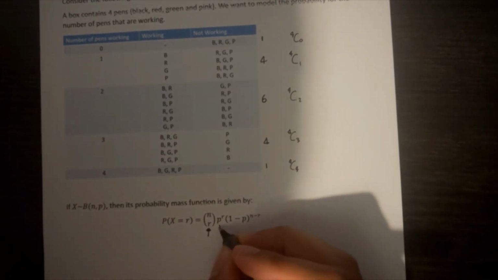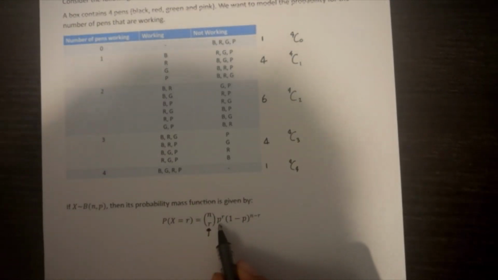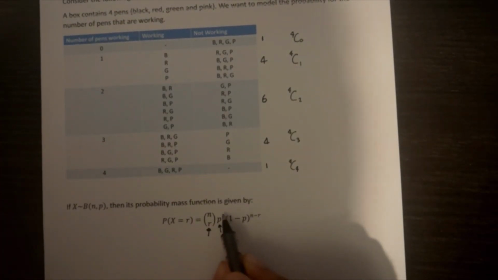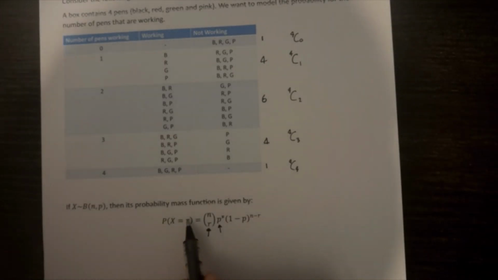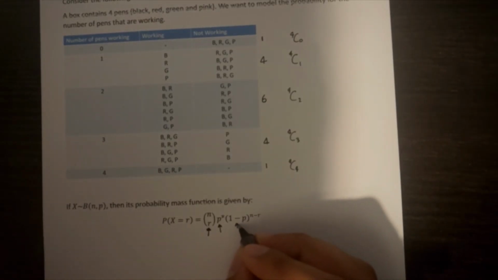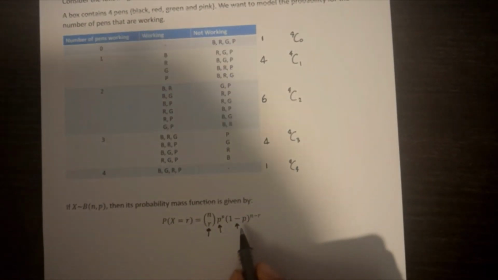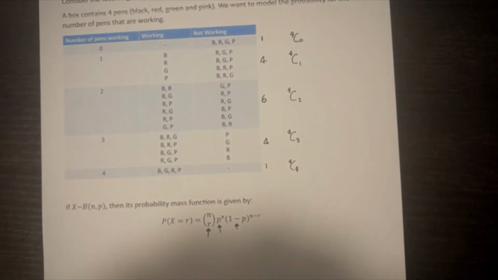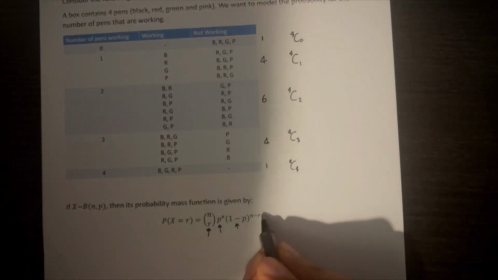We've got p, which was the probability of success, to the power of the number of successes. Since we're talking about x being equal to r, and we said x was the random variable representing the number of successful trials, that's the probability of success to the power of the number of successes, multiplied by 1 minus p, which must be the probability of failure, since p was the probability of success, to the power of the number of failures.